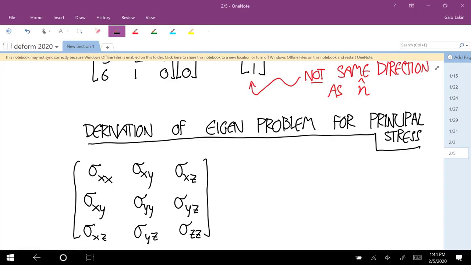So if we're looking for a face that only has normal stresses, and we multiply this by the outward facing unit normal, what would it mean for that face to only have normal traction component on it? Can you picture that? You can think of this unit vector as the outward facing normal to some face.